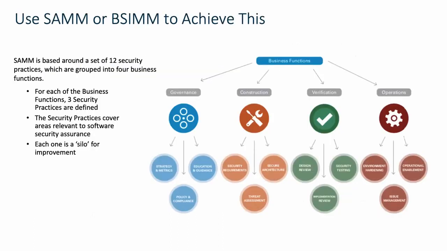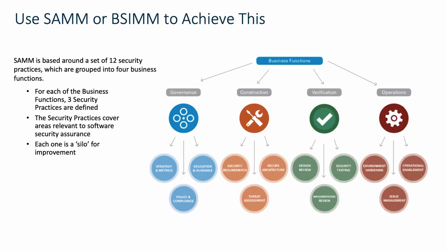To do this, you could use either the SAM or the BSIM methods. There are two frameworks out there that do this really well. There are a couple of others as well, but I would recommend using either SAM or BSIM. SAM, for example, works in four main areas: governance, construction, verification, and operation.